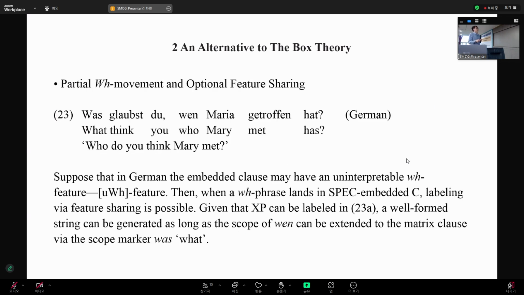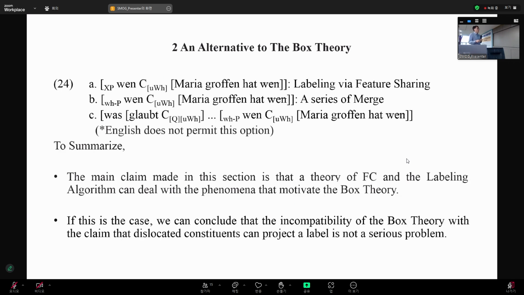Okay, once again, (23) partial wh-movement: "was" moves from here to here and stops here, and in this position, the Spec is occupied by the explicit wh-phrase. This can be explained as follows. In German, C may optionally have an uninterpretable W feature. So when "was" moves to here, labeling via feature sharing is possible. So the XP label is W phrase.